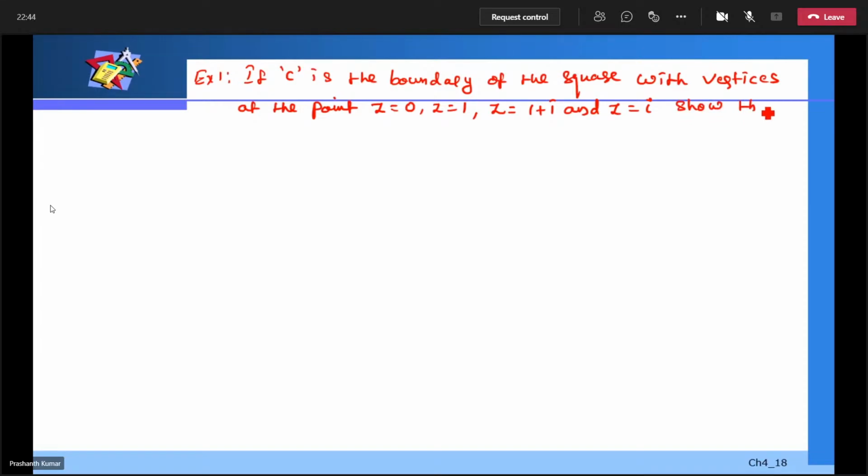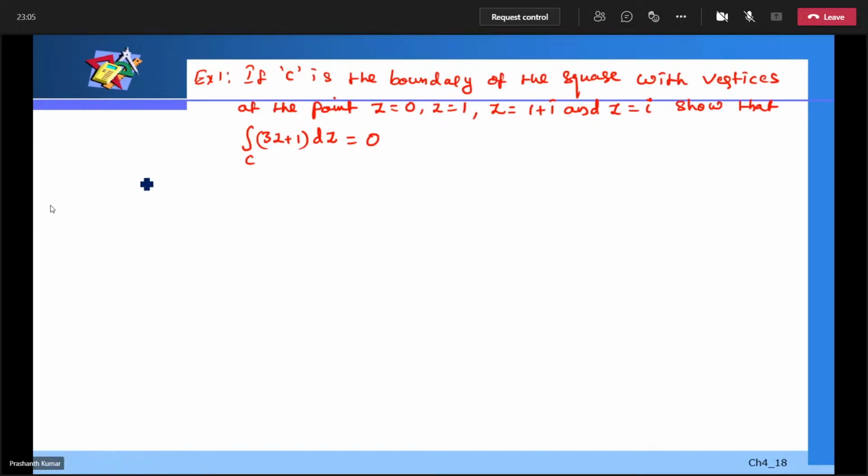Show that the integral over C of 3z plus 1 dz is equal to 0. So this is what we want to show.